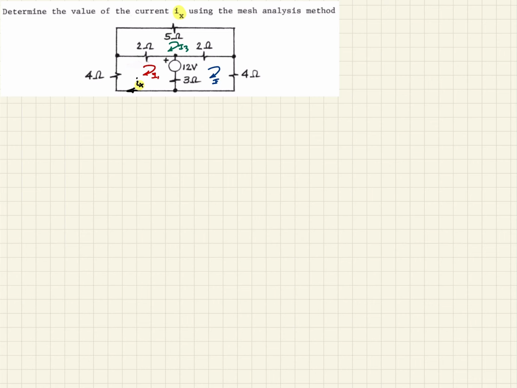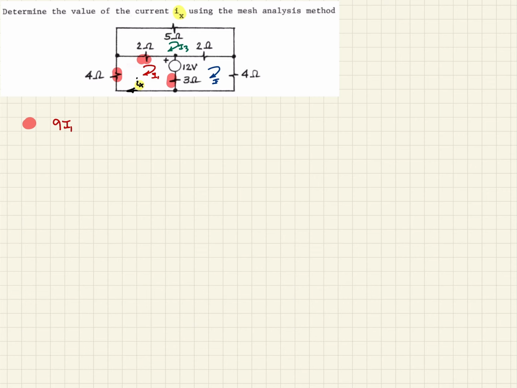So the first one we want to look at will be the one associated with I1. And so in this case, we see that we have these resistors that I1 goes through. So that's the total resistance. So we can add those up, and that's going to be 9. So we can write that then as 9 I1.